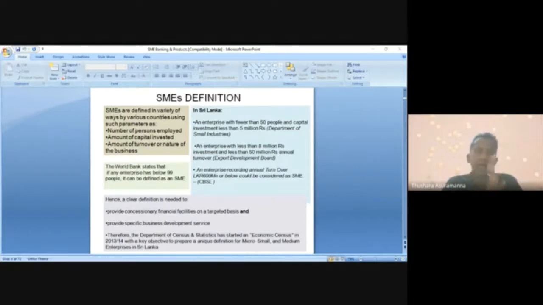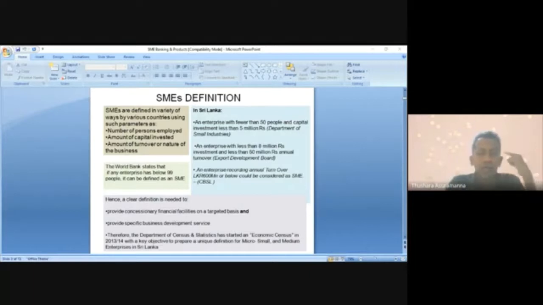Okay, that's the criteria. Then come to the right side. There are several definitions we could find in defining SMEs. Enterprise with fewer than 50 people and capital investment less than 5 million. Sometime back, the Department of Small Industries defined it as less than 50 people and capital investment less than 5 million, because sometime back SMEs had been defined in that way.